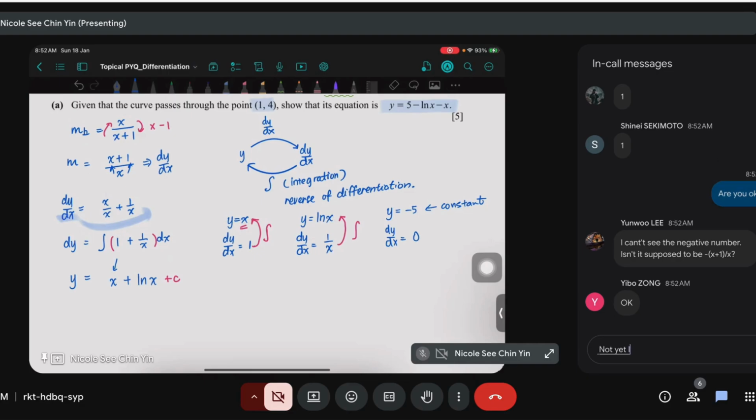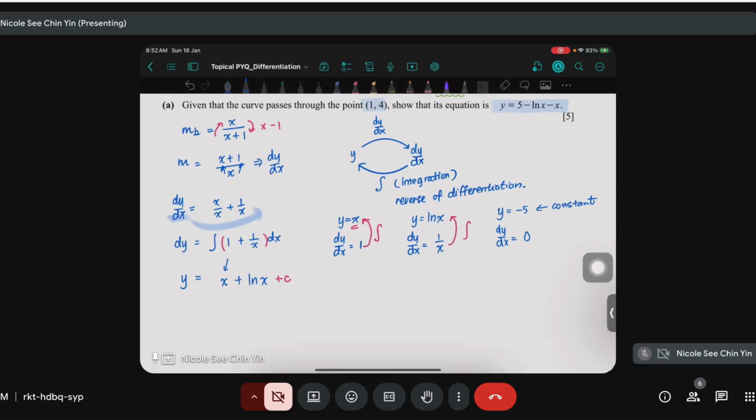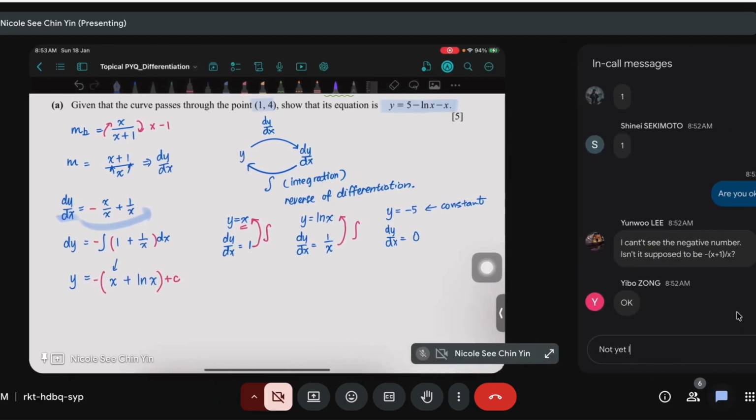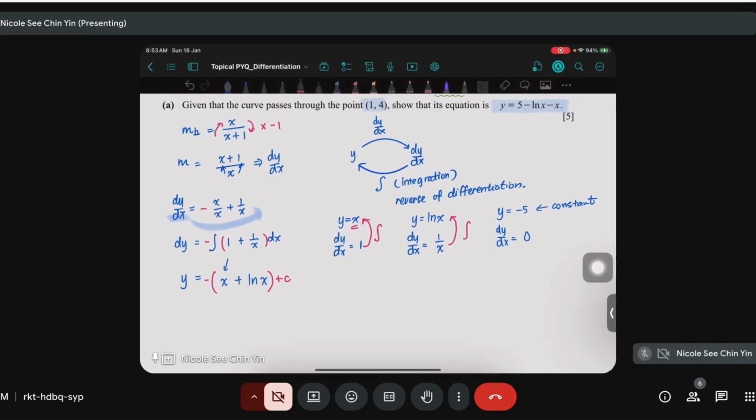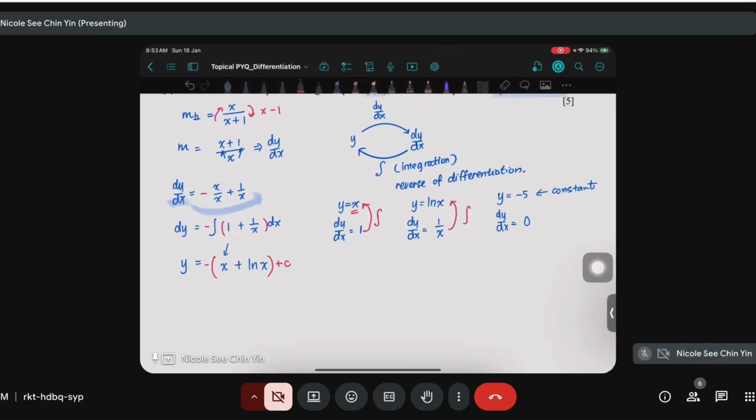Not yet, I have not yet put it. Okay, sorry, here I have to put back the negative. Okay, I will put it outside. Thank you. So what is the next one? We continue to work out the original equation. The next step is I'm going to substitute my 1 and 4 into my y.